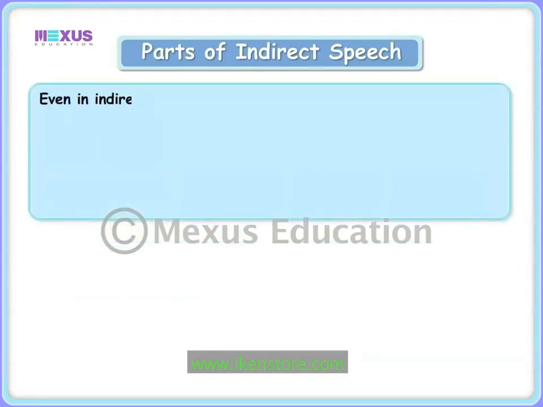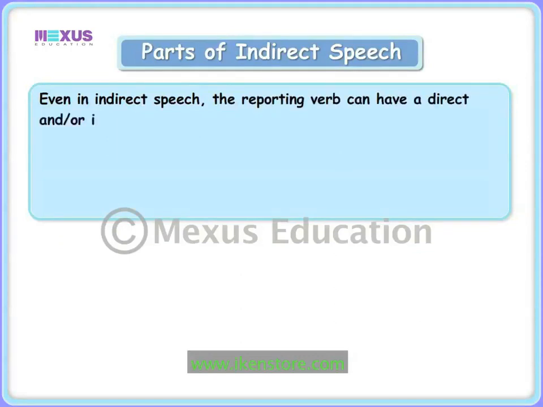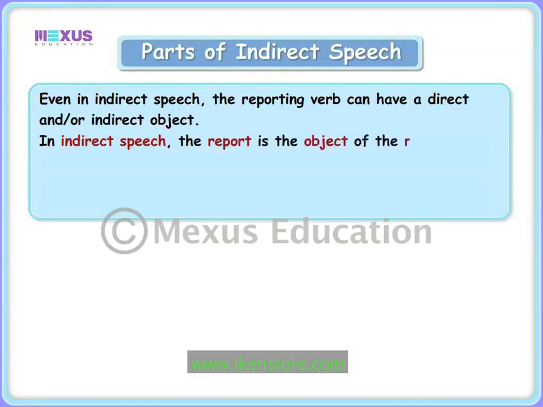Even in indirect speech, the reporting verb can have a direct and or indirect object. In indirect speech, the report is the object of the reporting verb.